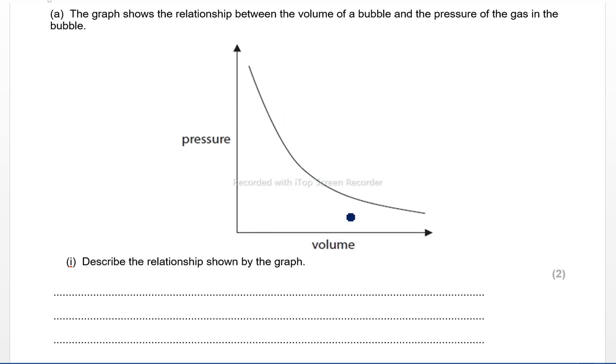Next thing is they have a negative relationship. One increases, the other decreases. In other words, it has a negative gradient. The next point is its rate, or the gradient, is decreasing, right? So I'll explain one by one. First point I can write is when the volume increases, the pressure decreases.